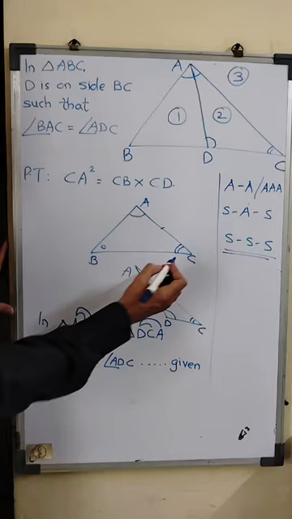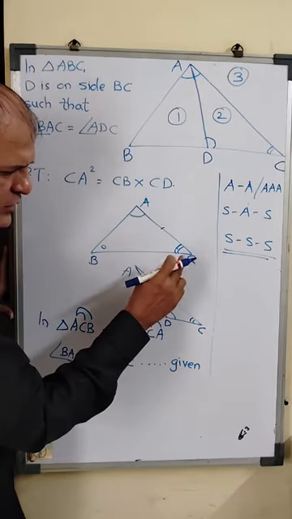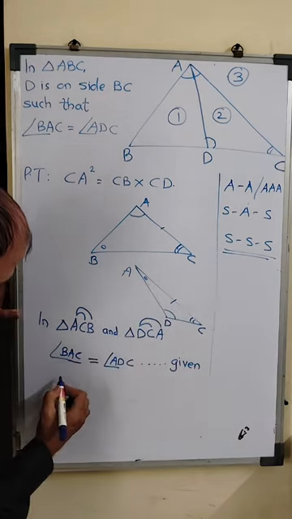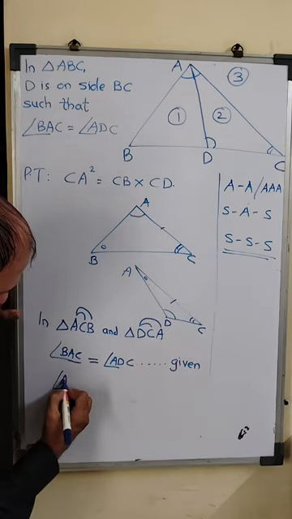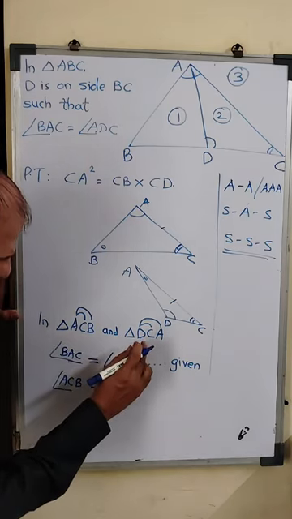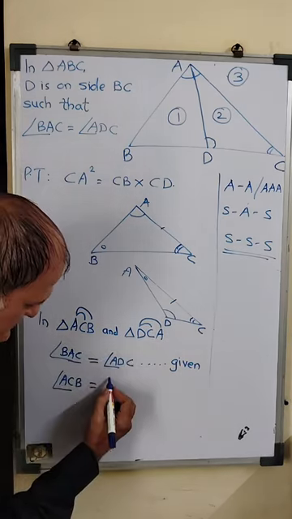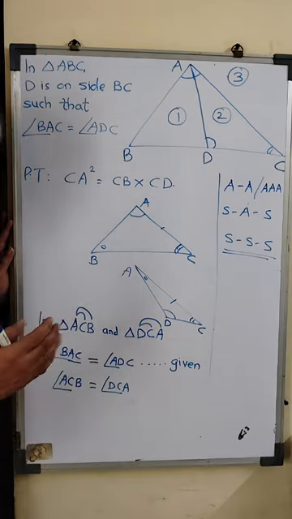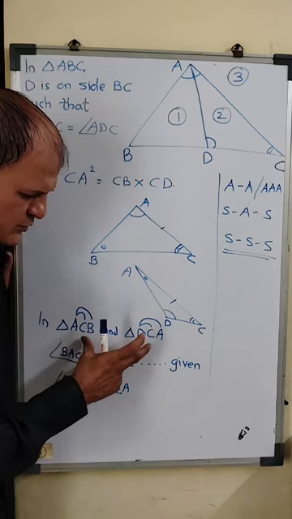Okay, now the other angle which is equal, or those two angles, that is this C is equal to this C. So I'll name it as ACB, is equal to angle DCA. So that is why, see, I had already mentioned that we need to name it properly.